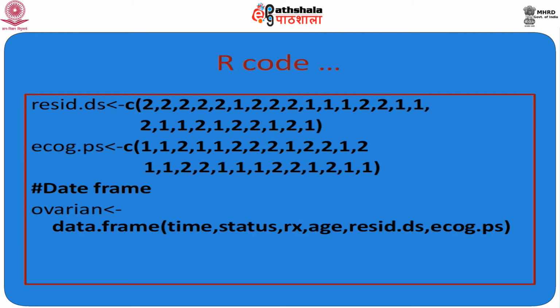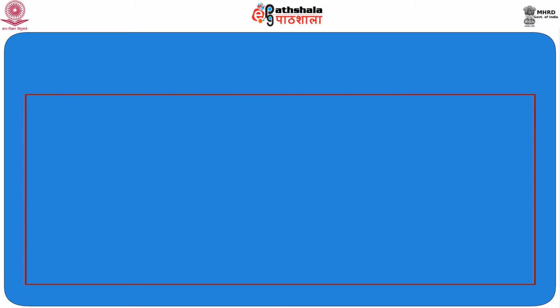Now initially we have to load the library called survival. Most of the statistical tools in R for survival analysis are compatible with this library called survival. So we have to download and install this package survival, and after that we do the Aalen estimator.